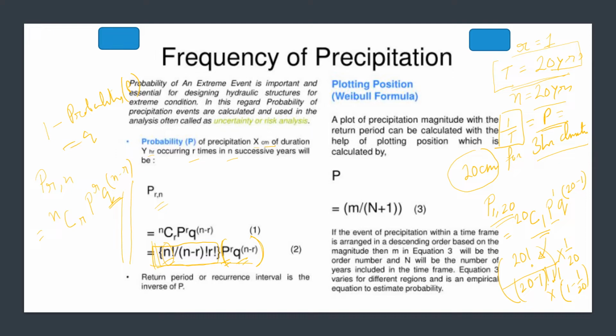R will be 1 because I want to know the occurrence of that rainfall for one time only in the next 20 years. Then R factorial, R will be 1. So you can easily get this part also. Now multiply both parts A and B and you will get the answer. So this is the way you get the probability of this event which can occur for one time in the next 20 years.